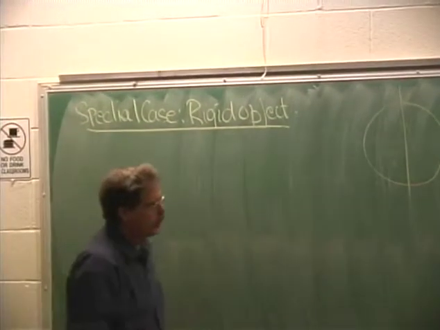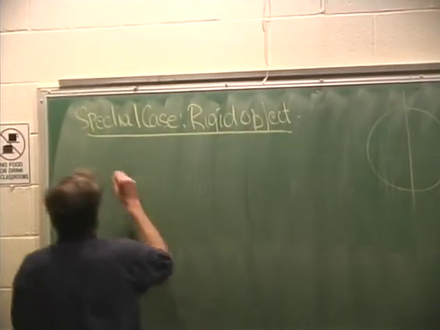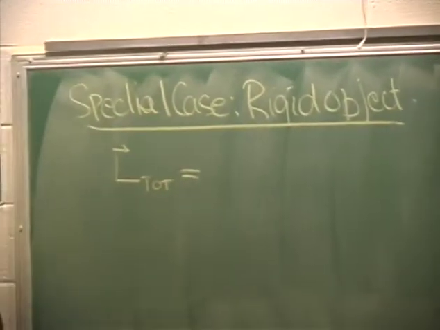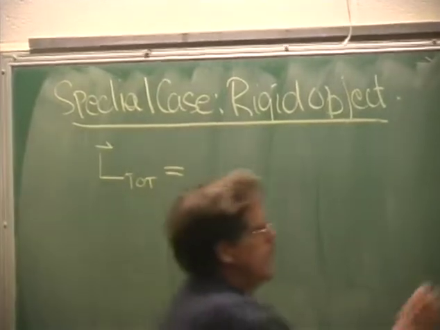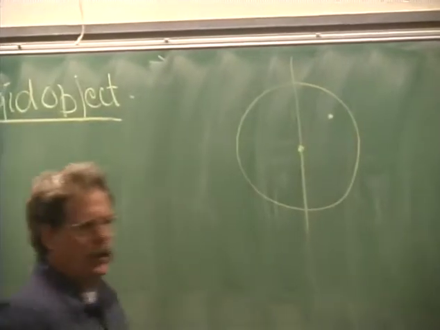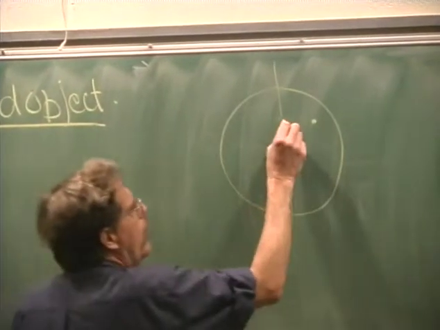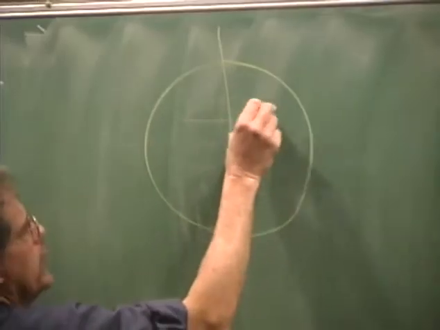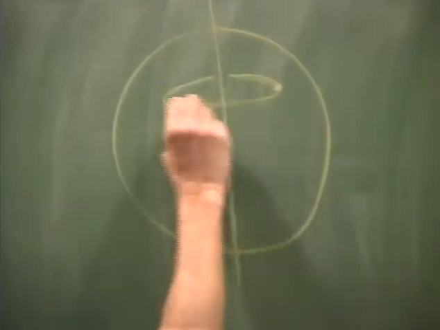How does all of this apply to a sphere? What would the total angular momentum of that sphere be? Well, let's see. That's the sum of the angular momentum of all the little bits and pieces that go to make it up. What is the motion of a particular piece of that sphere, or whatever this object is?